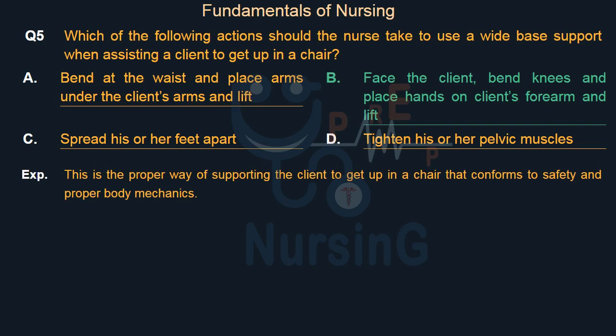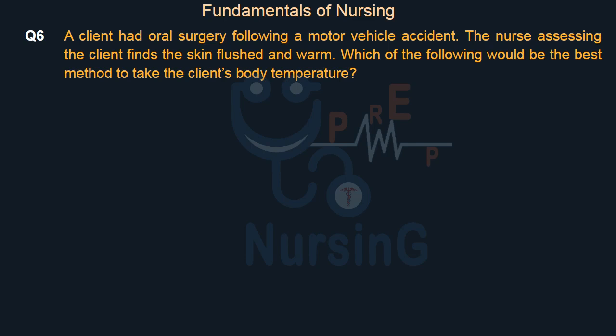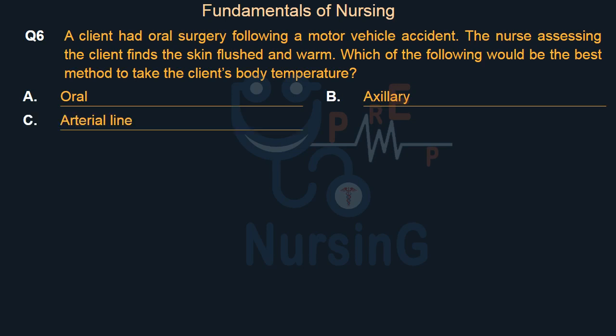proper body mechanics. A client had oral surgery following a motor vehicle accident. The nurse assessing the client finds the skin flushed and warm. Which of the following would be the best method to take the client's body temperature? Option A. Oral. Option B. Axillary. Option C. Arterial line.